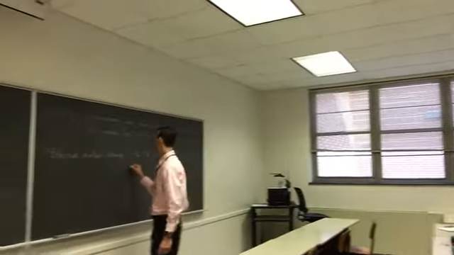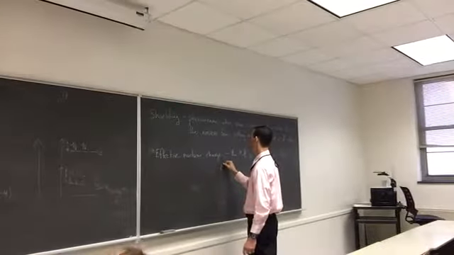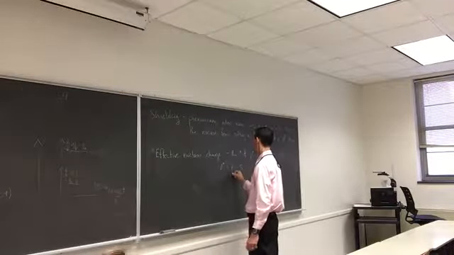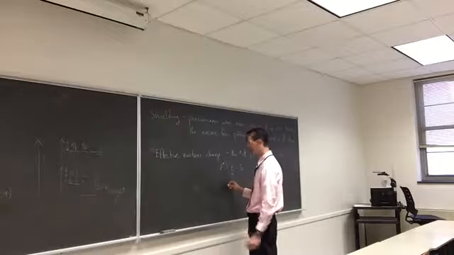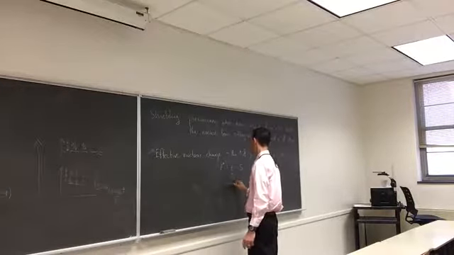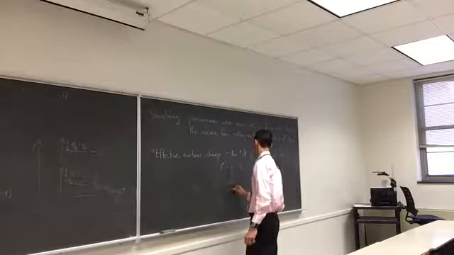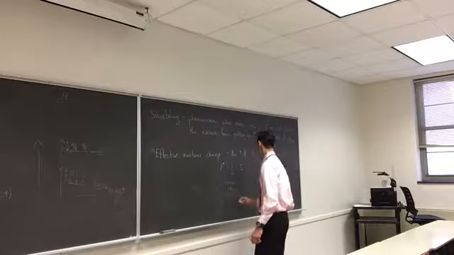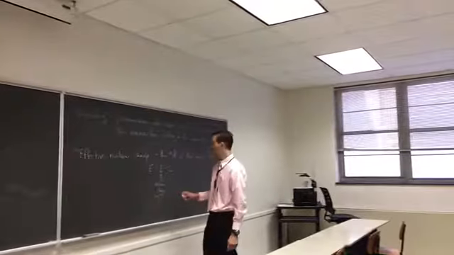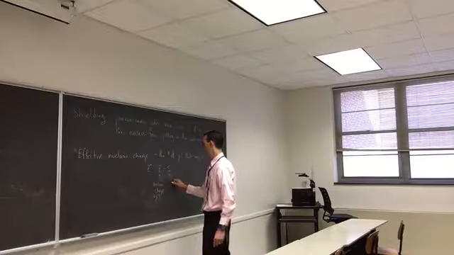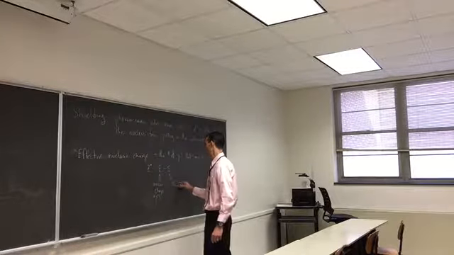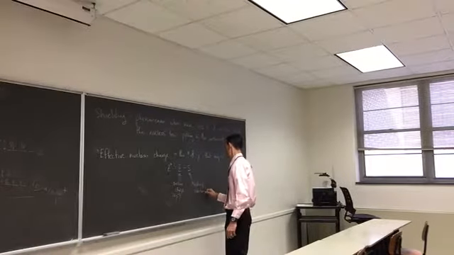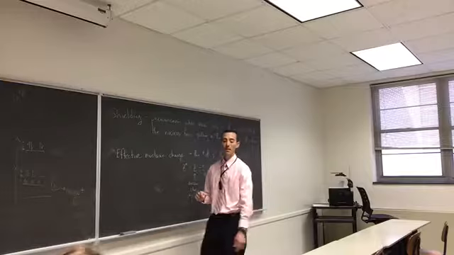So the effective nuclear charge, Z star, is equal to Z minus S. So Z is the real nuclear charge, just the number of protons in the atom to begin with. And S is what's known as the shielding constant. Okay.